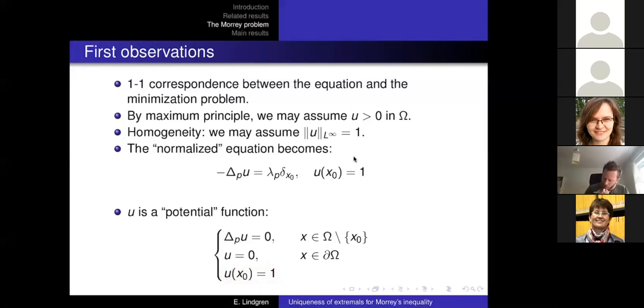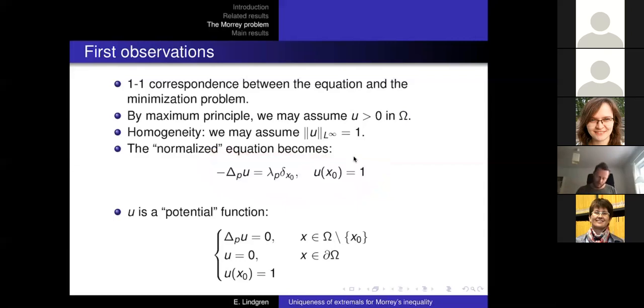Okay, so we're interested in uniqueness. Basically, we have set the sign so that u is positive, and we have assumed that the L infinity norm is 1; we have normalized. So the uniqueness we're talking about is really saying that there is a unique function which is positive, has max 1, and solves this problem.